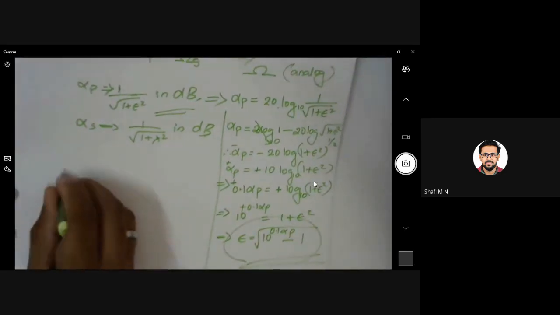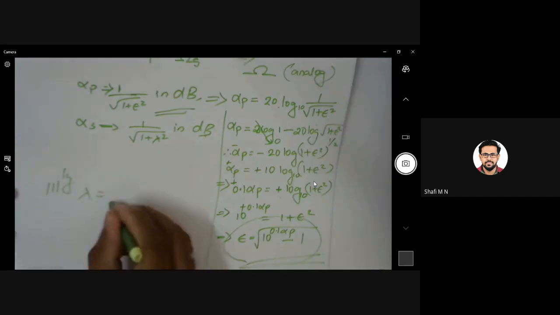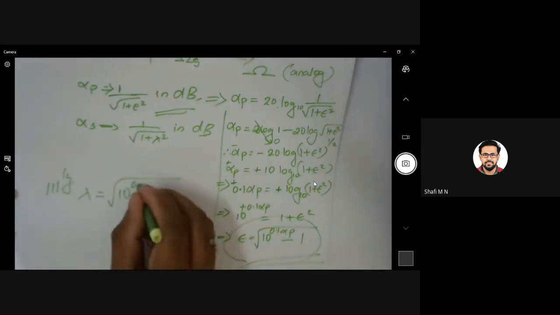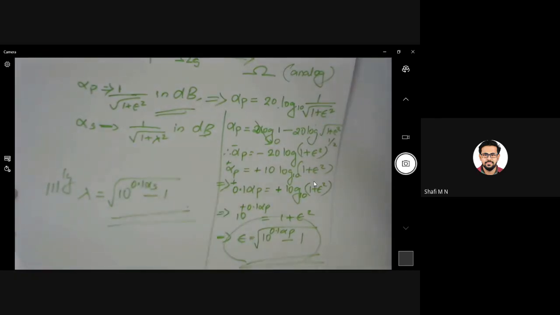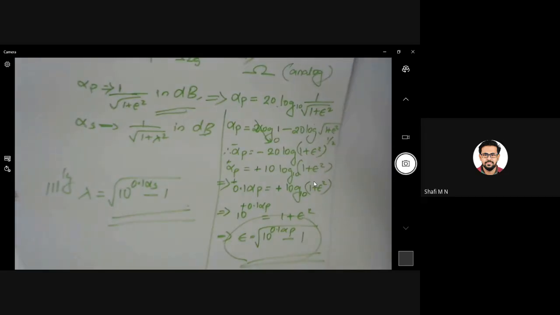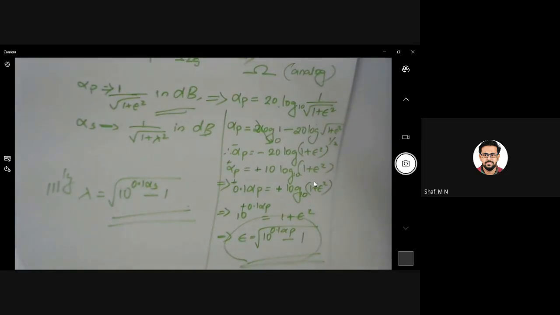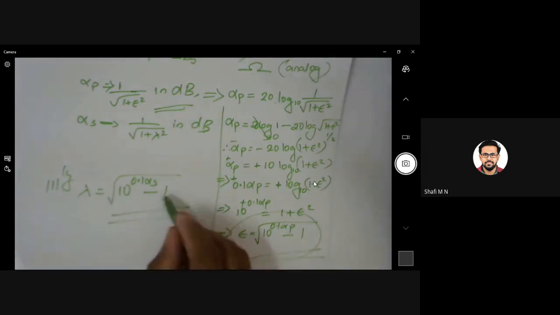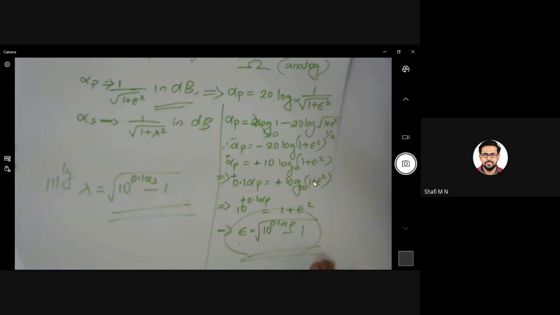Similarly, lambda is equal to root of 10 raised to 0.1 alpha s minus 1. Just note these equations. Epsilon is root of 10 raised to 0.1 alpha p minus 1, and lambda is root of 10 raised to 0.1 alpha s minus 1.